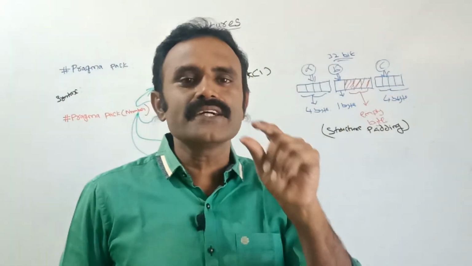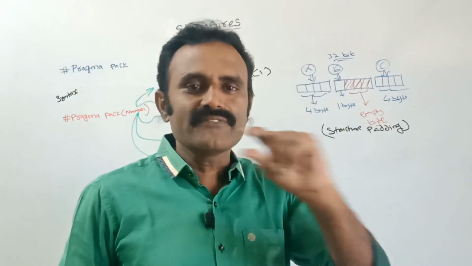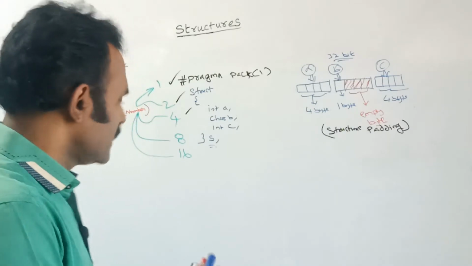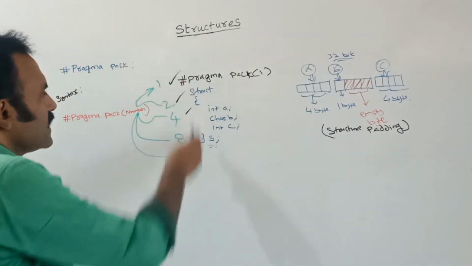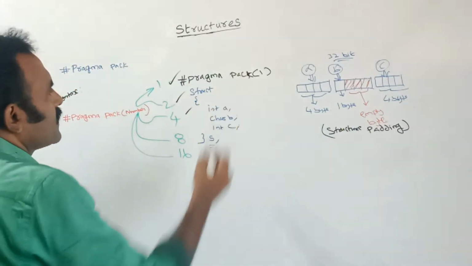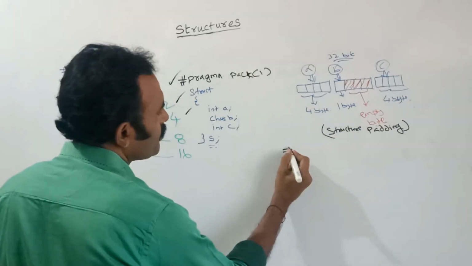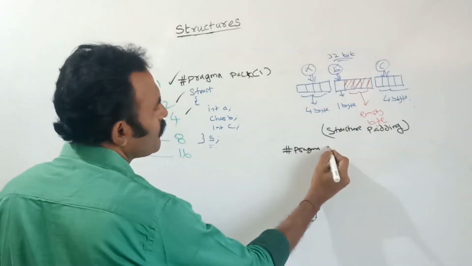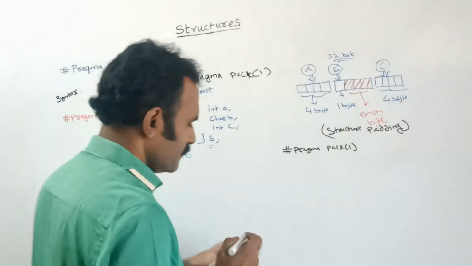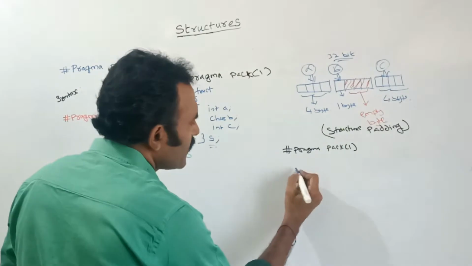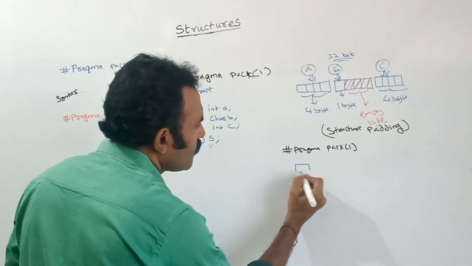So for each and every cycle it will read 1 byte. So see here, suppose the same structure is created after this pragma pack of 1, for each and every cycle it will take 1 byte.